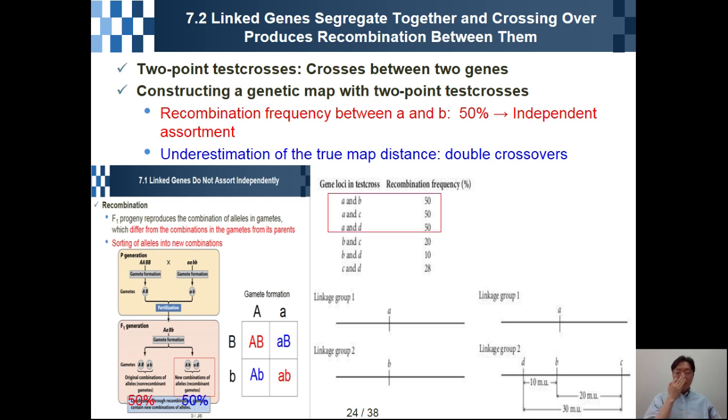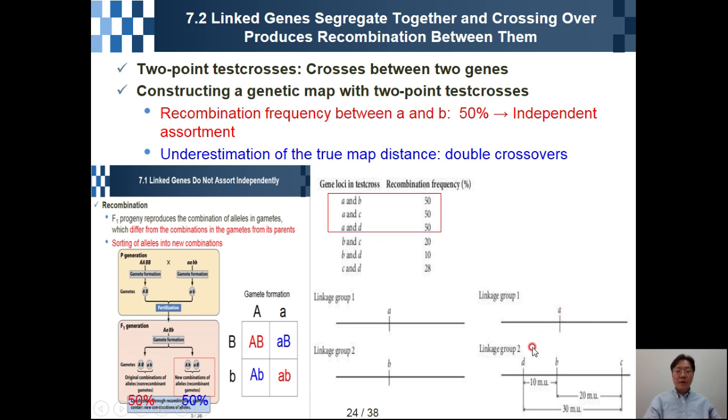For example, for genes A and B, the recombination frequency is 50%. It means that gene A and gene B are located on different chromosomes. How about A and C? A and C is also 50%, so A and C are located on different chromosomes. How about A and D? A and D is also 50%, so they are located on different chromosomes.